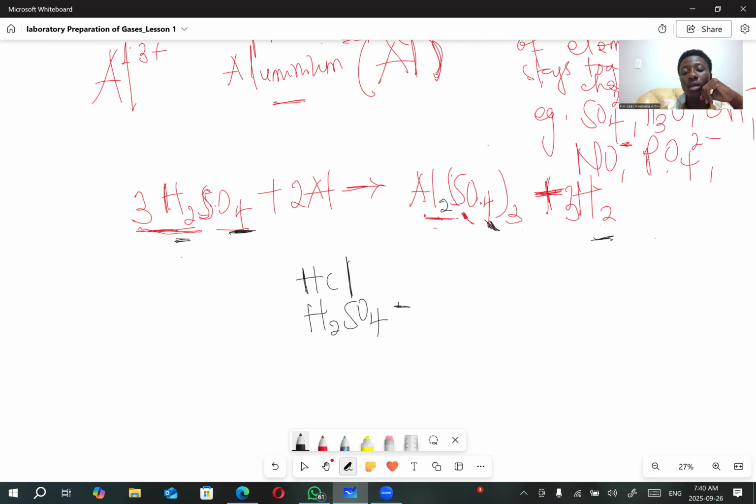Sulfuric acid is a common name, but the scientific name or the IUPAC name is tetraoxosulfate. We read from the back. Tetra for four, oxo for oxygen, sulfate for sulfur. Tetraoxosulfate, then six, we use Roman numeral VI. Six is the oxidation number, and we calculate for it.